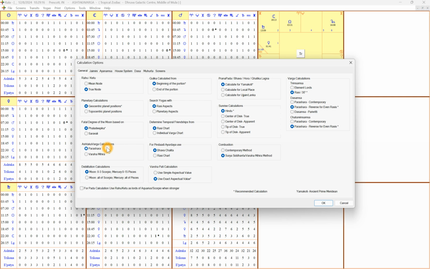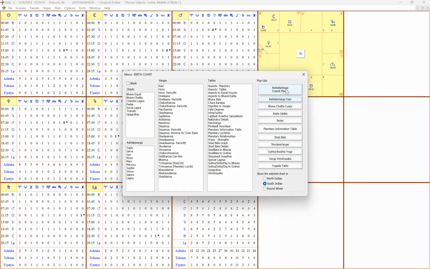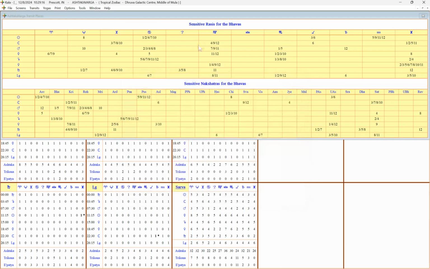In the Parashara and the Phaladeepika, they show all these other calculations that they do after the Ashtakavarga is calculated to get some more effects of transits. Okay, for instance, we have this thing called Ashtakavarga transit places that they basically teach you how to calculate.